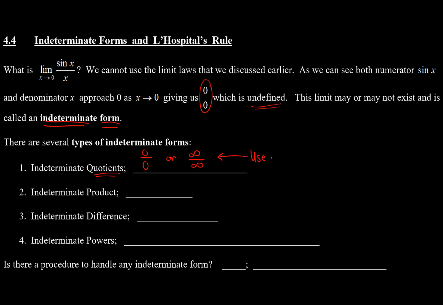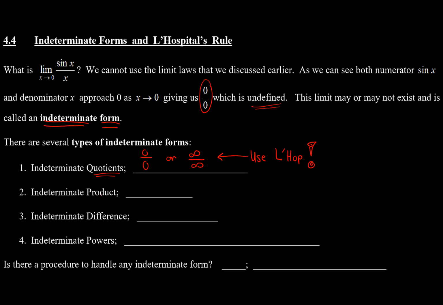If you have these types of indeterminate quotients, you could go right into L'Hôpital's rule. Before, we used to factor, cancel, multiply by the LCD, multiply by conjugates, do all sorts of math, smoke, and mirrors. Now we're going to use L'Hôpital's.